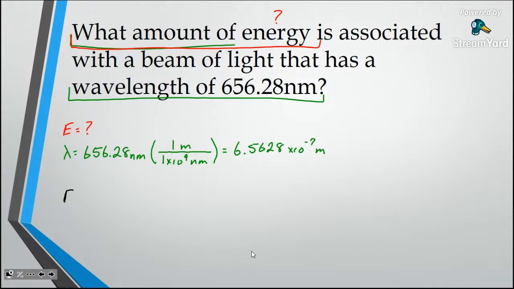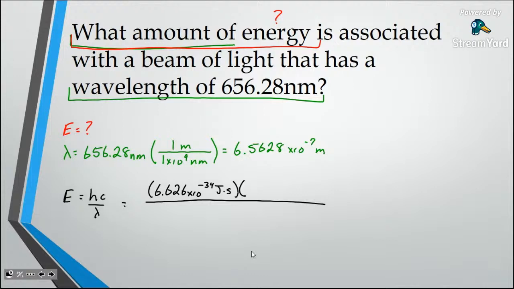And the equation that I'm going to want to use is E equals hc per lambda. So when I substitute in, h is my constant of 6.626 times 10 to the negative 34th joule seconds. C is the speed of light, 3.00 times 10 to the 8th meters per second. And then the wavelength of 6.5628 times 10 to the negative 7th meters.